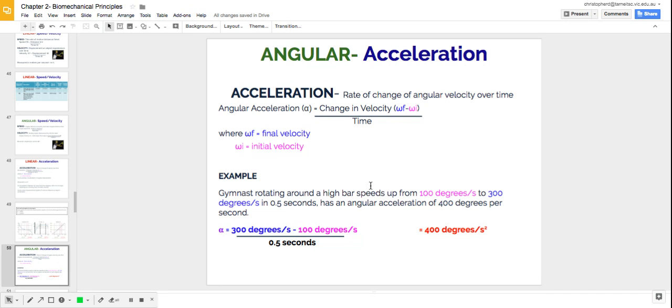You can use this formula here. We use our final velocity, in blue, minus our initial velocity, in pink, over the time it took, and that's what we get. It's measured in degrees per second squared.